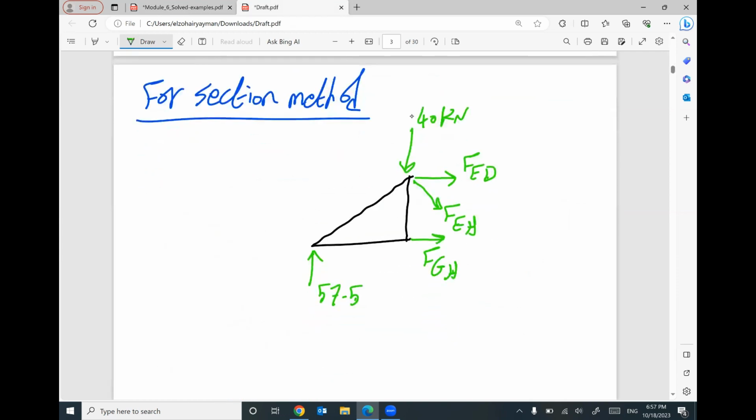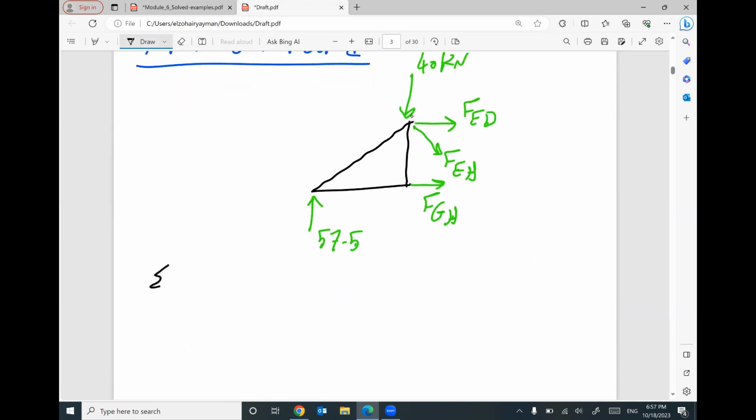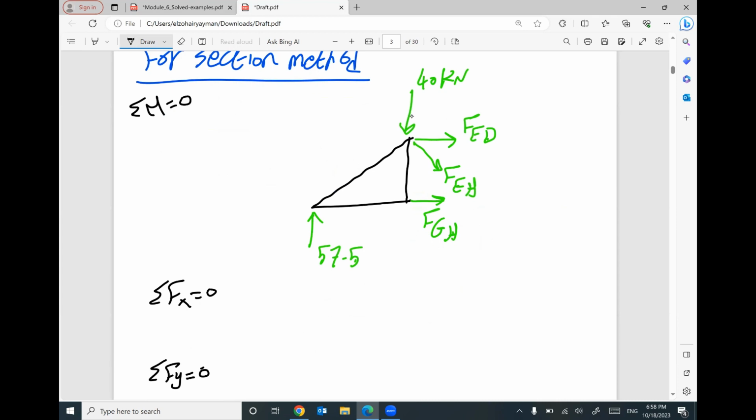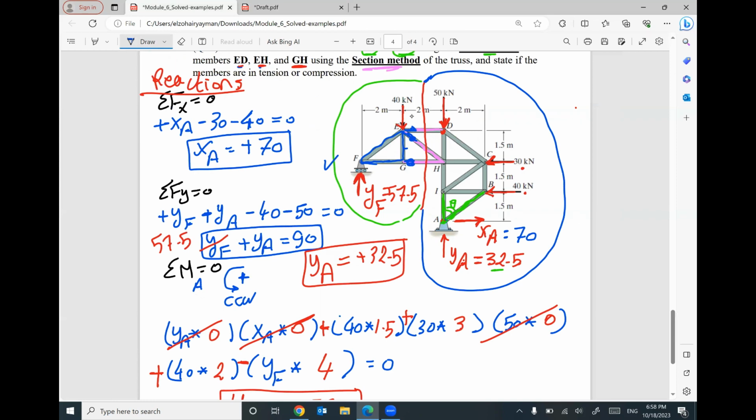So I can apply the three equilibrium equations because we have a part. Summation of all forces in X equals 0. Summation of all forces in Y equals 0. And the summation of moment at any point equals 0. Keep in your mind this angle is equal to this one.